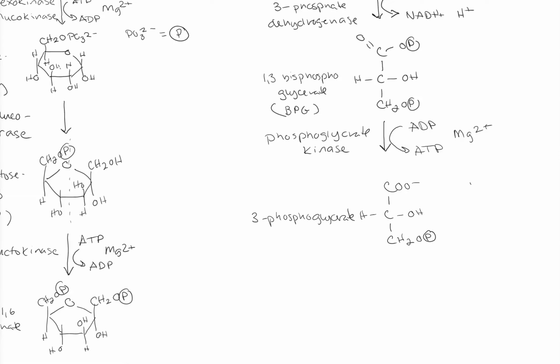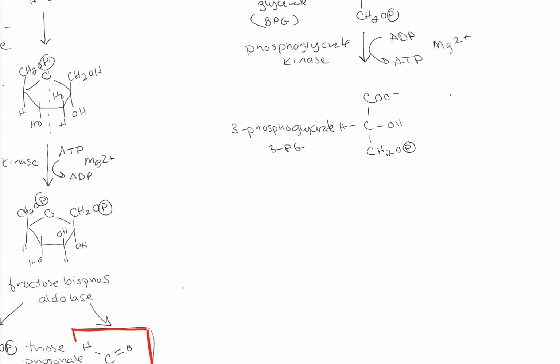So now that we've got 3-phosphoglycerate, we're going to undergo an isomerization reaction through a mutase enzyme. And the 3-phosphoglycerate is going to have its phosphate transferred to the 2 position. So let me scroll up a little bit, make a little bit of room here.